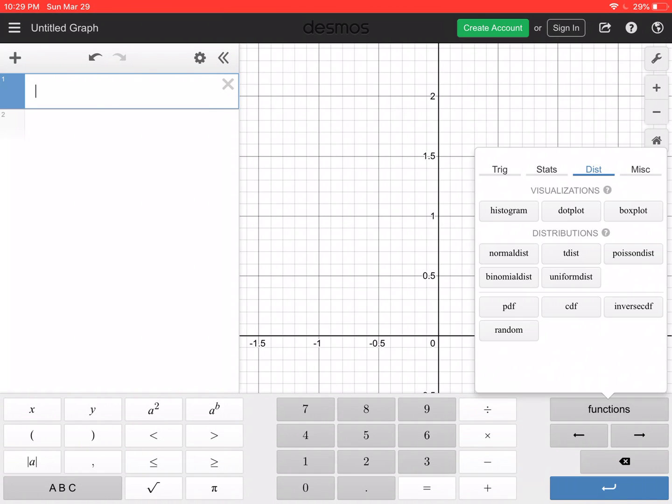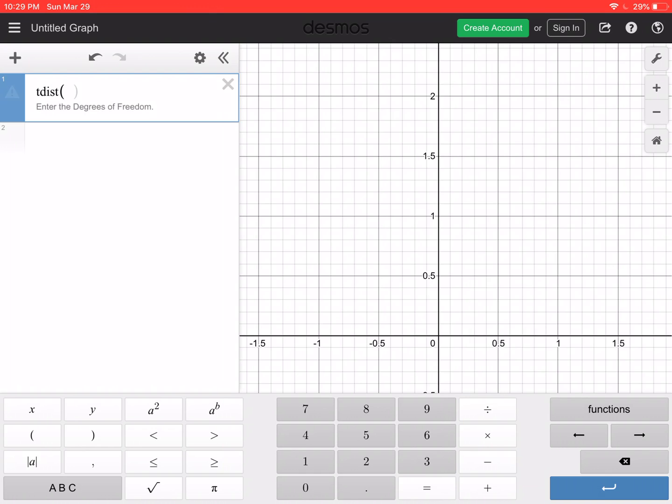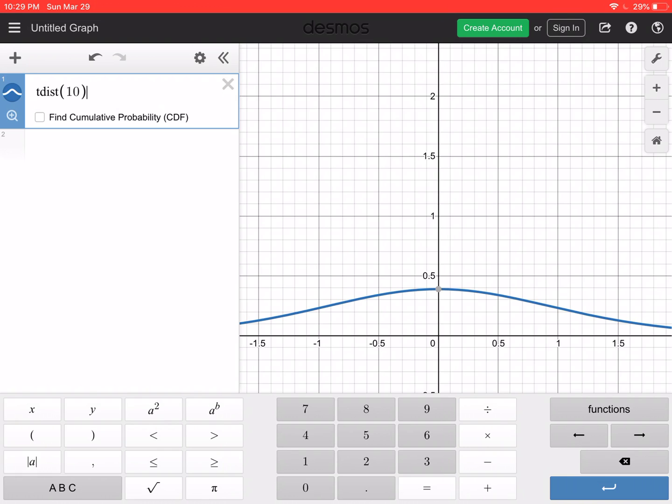Go under Functions, under the Distribution tab, and you'll notice right next to Normal Distribution there's this t-dist button, and that is a t distribution, and all Desmos needs now is the degrees of freedom. In this case our degrees of freedom is 10. So there we go. We have our t distribution with 10 degrees of freedom.